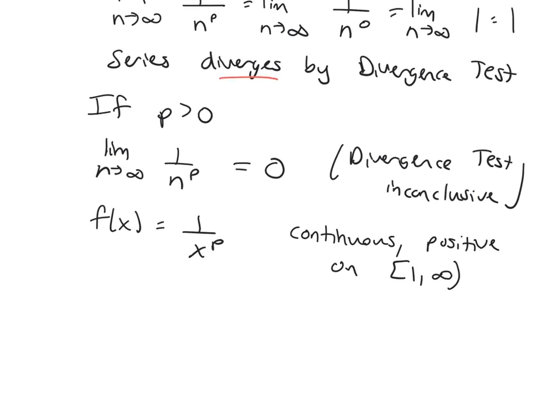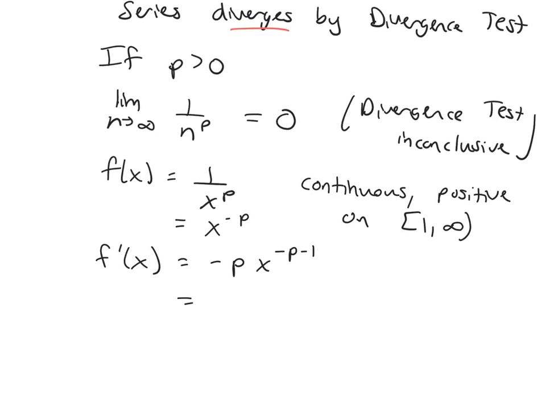So to do that, we're going to take the derivative. So this is x to the negative p. And what's my derivative? Negative p, x to the negative p minus 1. So if I rewrite that, I'm going to move the power into the denominator, and it becomes x to the p plus 1. Is that negative or positive?